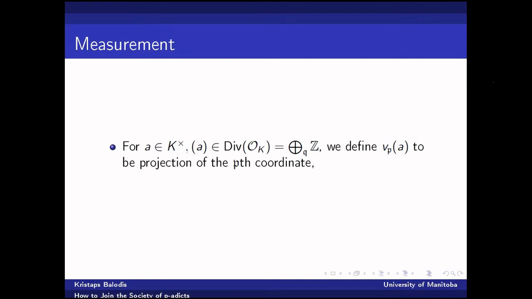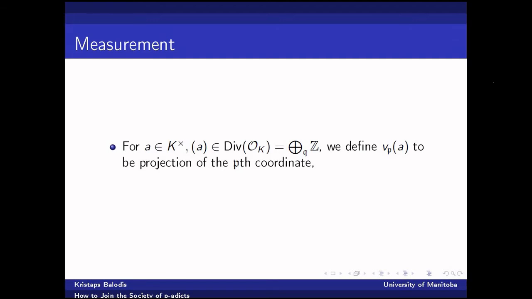Recall that the divisor group of our ring of integers, or the group of fractional ideals, is just a direct sum of copies of the integers. So in other words, it's some vector of integers indexed by the prime ideals of our ring of integers.